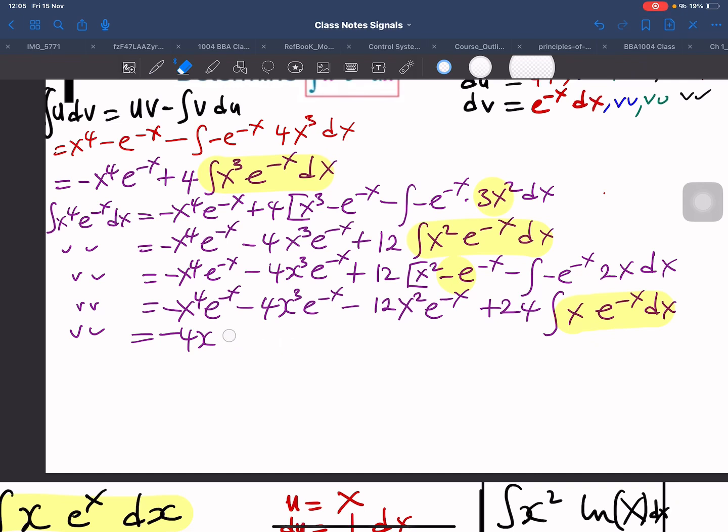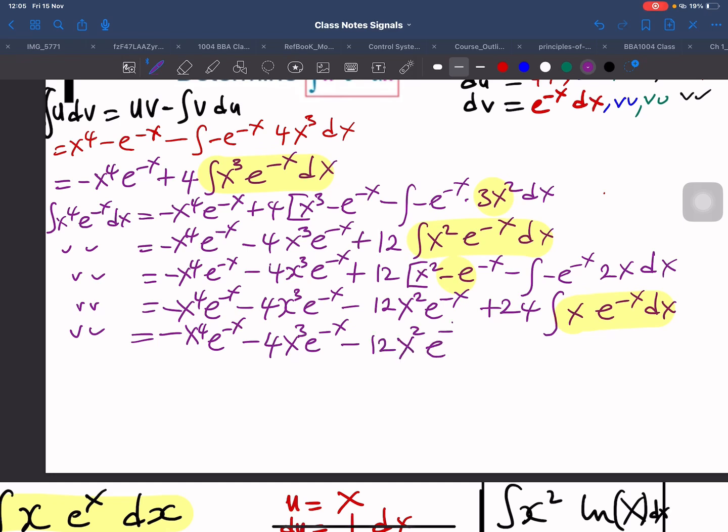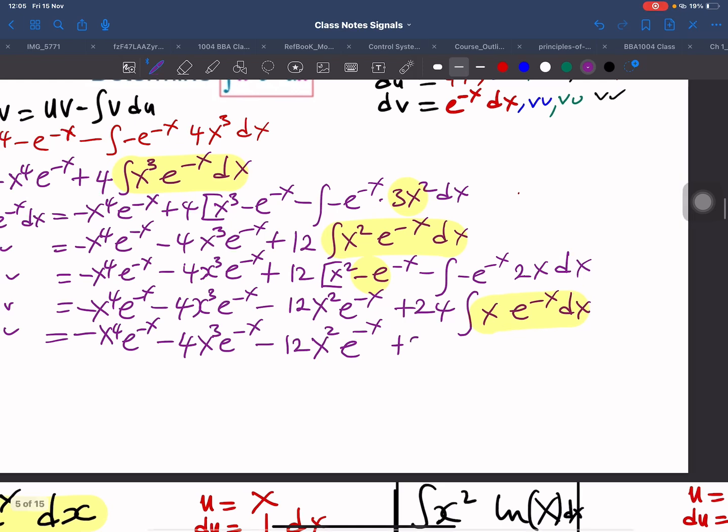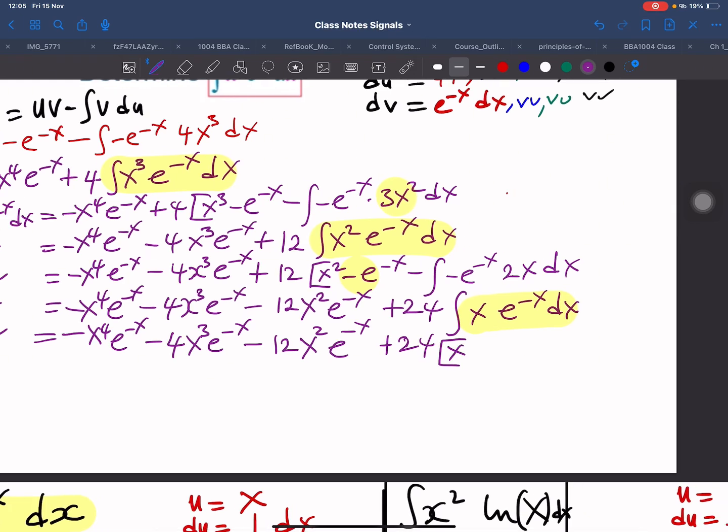Minus x raised to power 4 e raised to power minus x minus 4x raised to power 3 e raised to power minus x minus 12x raised to power 2 e raised to power minus x plus 24, that will be distributed into x, and then minus e raised to power minus x.